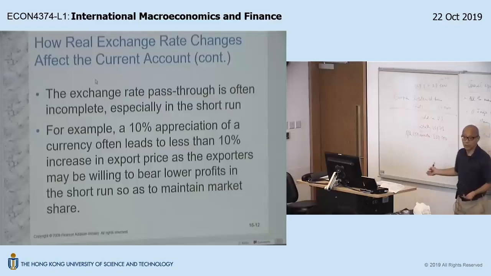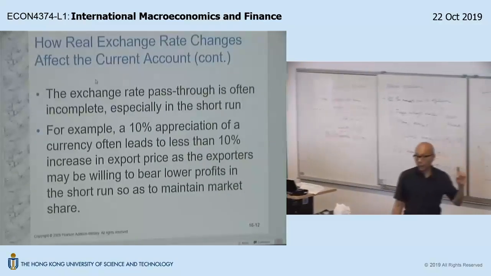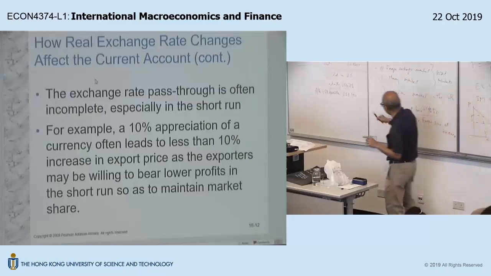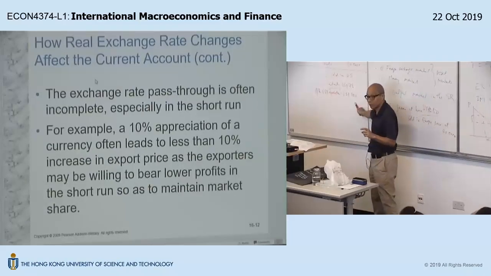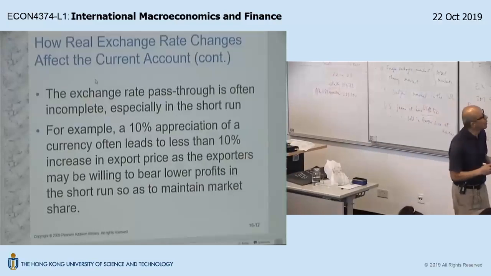Maybe they'll just raise it to 90 to absorb some of the losses but maintain the market share. This is called incomplete pass-through. 100% pass-through would mean that they raise the price all the way to $100. But if they raise it to less than 100, that's incomplete pass-through.